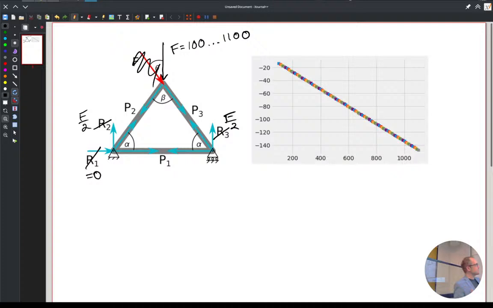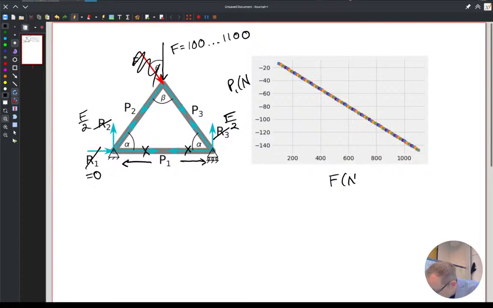That makes sense because the way it's drawn here, if P is positive, it's a compressive force. If P is negative, it's a tensile force. So this is saying P1 is actually pointing in that direction, that it's pulling that bottom one apart.